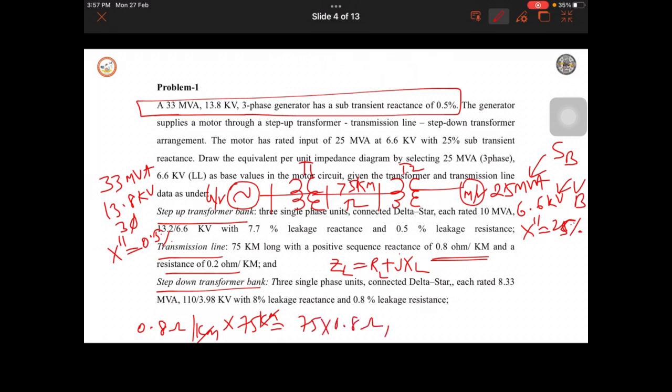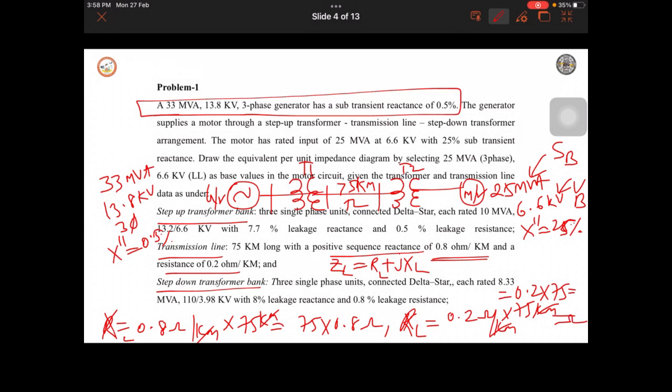Similarly, for the resistance RL total and reactance XL total: this is the positive sequence reactance X, and this is R, which is 0.2 ohms per kilometer, for 75 kilometers. The kilometers get cancelled, and you will get 0.2 into 75, some value, that is RL.